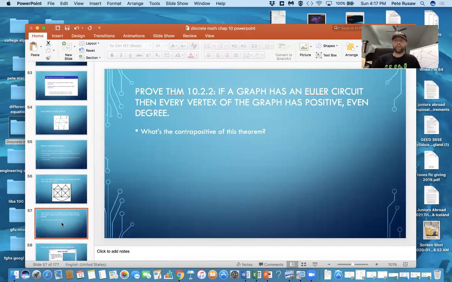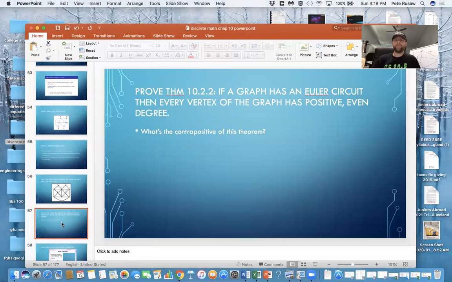And here's a theorem that goes with that. If a graph has an Euler circuit, then every vertex of the graph has positive even degree. And we won't prove that on the video, but we can sort of talk through it. Essentially, suppose you have a graph and you have an Euler circuit.